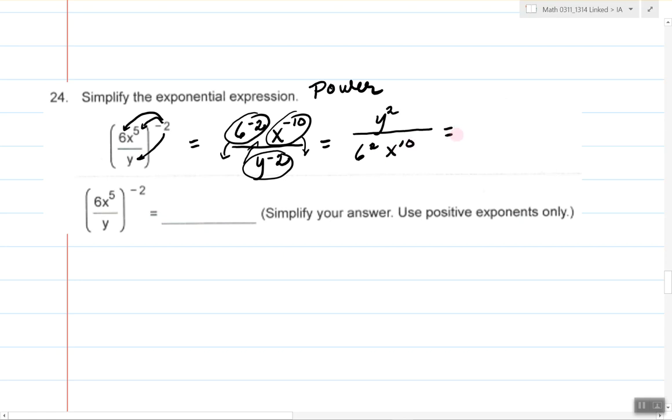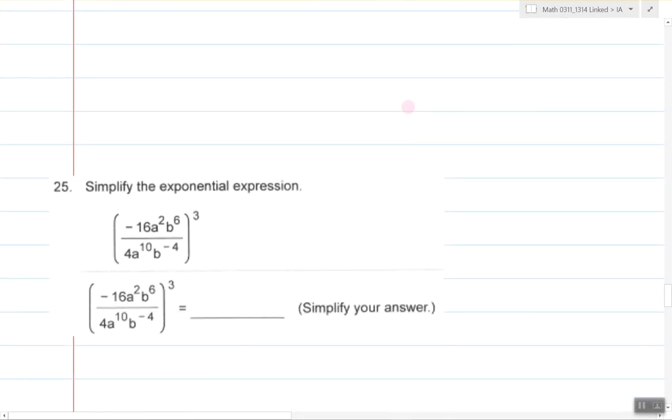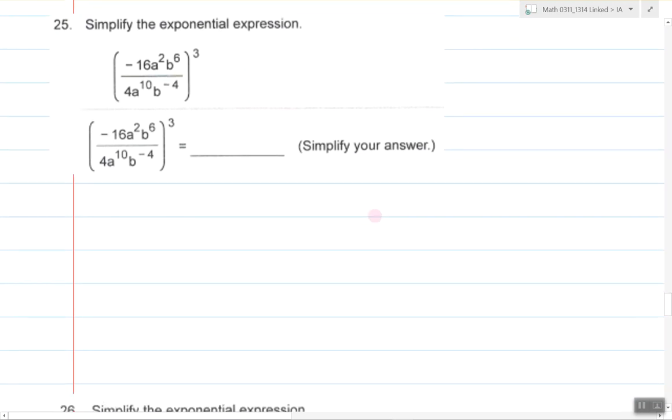And because it wants me to expand that, I have y to the second over 36 x to the 10th. So I used the power rule, and then after that I had a lot of negative exponents to take care of. Let's look at number 25.